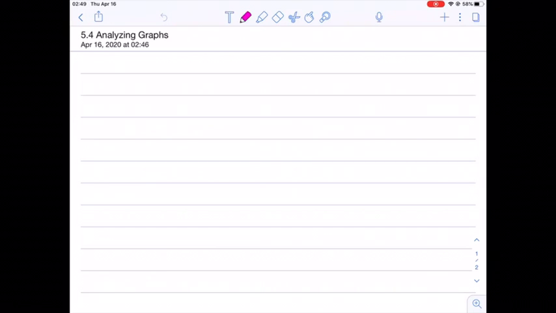Now, if we already have a graph graphed by technology, by computer or by graphing calculator, then we need to know some properties or features of the graph to get a better understanding of the meaning of that curve.